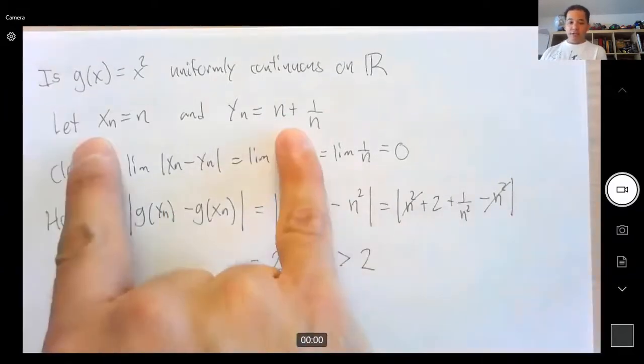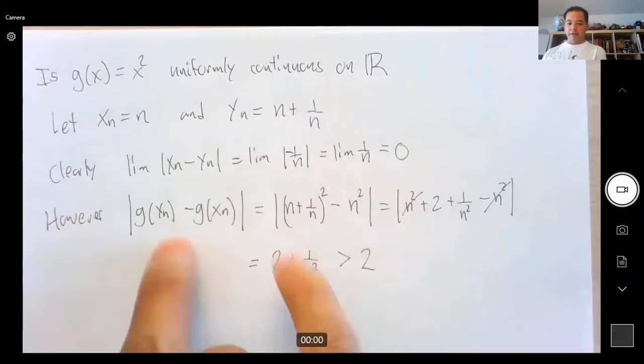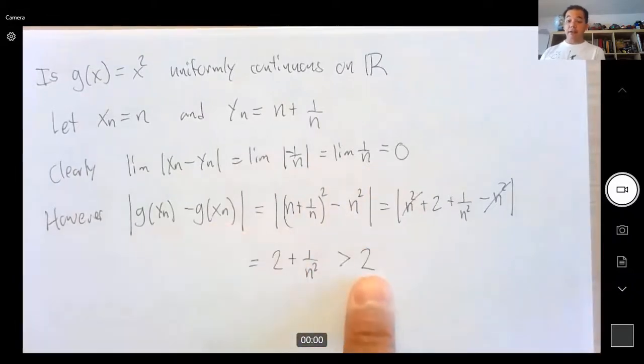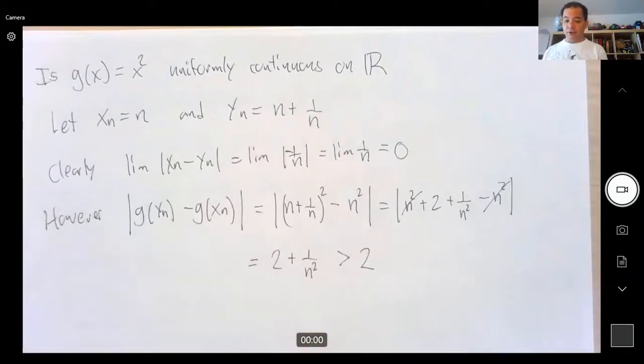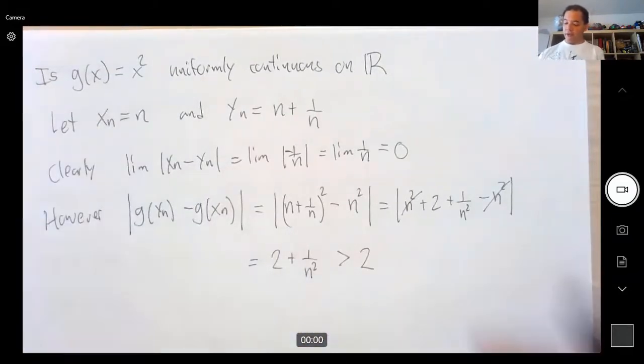So I got two sequences that are getting close to each other, but the difference between the terms when I apply the g is bigger than 2. So they're always 2 units apart when we apply the function g. Therefore, this function is not uniformly continuous. So the answer is no. And here's the explanation.